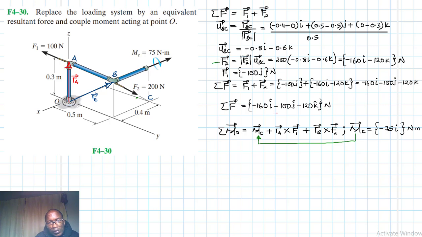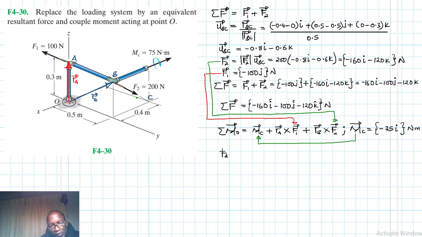Maybe I start with force 2, which is here. And then we have force 1, which is here. Then we have the rest, RA and RB. These are the ones I want to define right now.